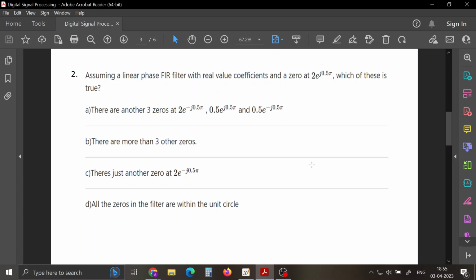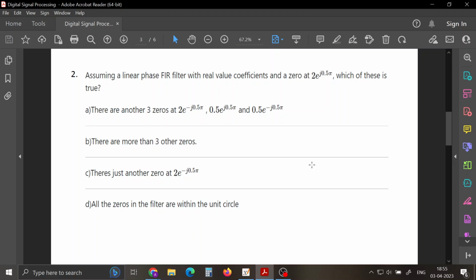the fourth option is definitely not true, because it says that all the zeros in the filter are within the unit circle. Even in the question itself it's given that we have a 0 at 2 times e power j 0.5 pi. So this 0 is clearly located outside the unit circle, right?